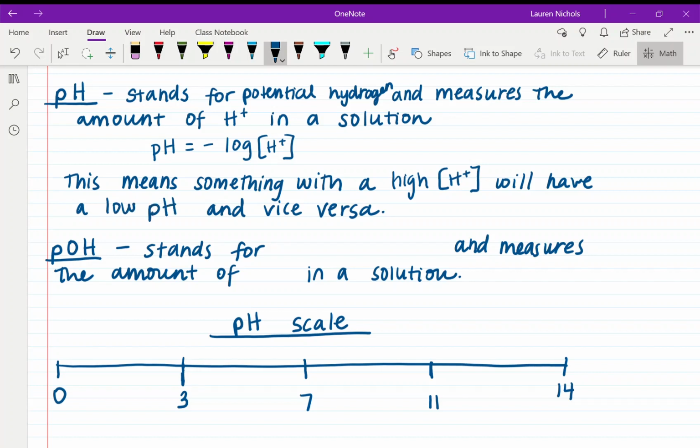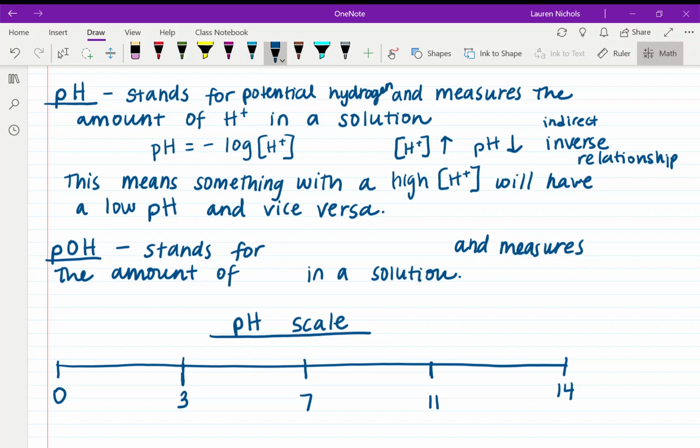So if the H plus concentration is high, the pH is low. So this is considered an inverse relationship, or another way of saying it would be an indirect relationship, because what one does, the other does the opposite.